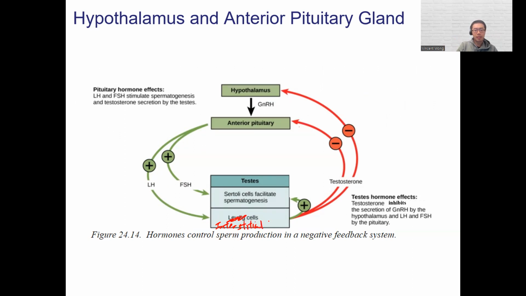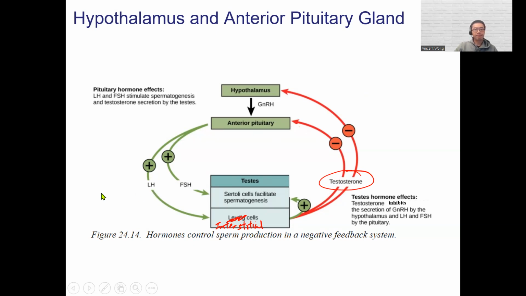They will produce the testosterone, and they will also encourage spermatogenesis. With an increase in testosterone, it goes back and lowers GnRH and lowers the production of FSH and LH, much like progesterone would. So that's basically the path.